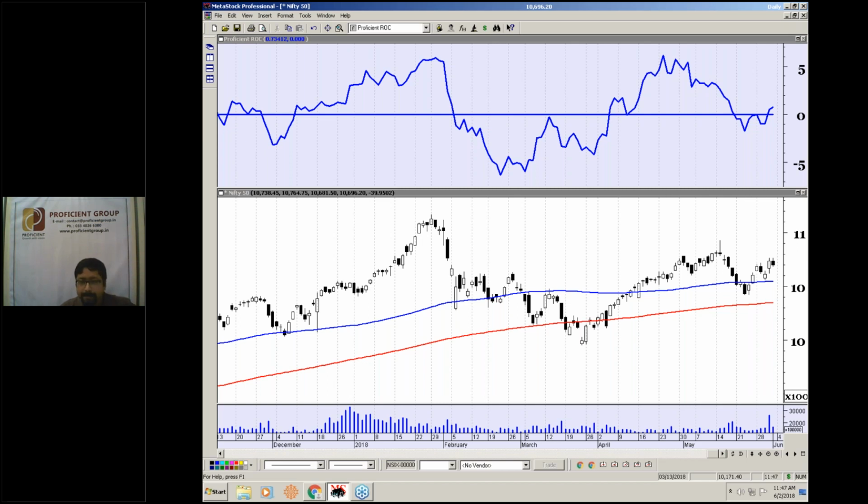Now, comparing with this zero line, we can say where the prices are. For example, the last value is 0.73. That means the prices of Nifty, this is the daily chart of Nifty, have changed only by 0.73% over the last 20 periods.